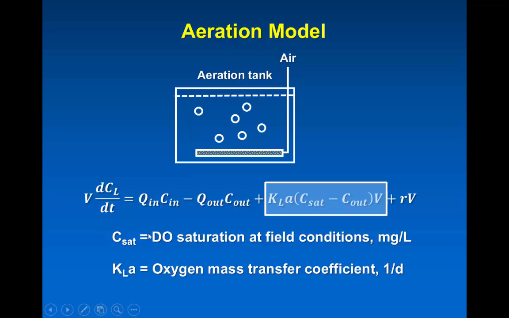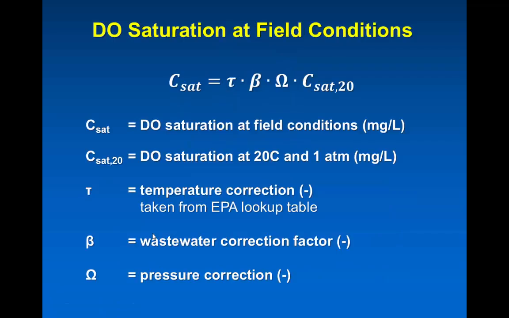So this CSAT value here, the concentration of oxygen at saturation, is something that is corrected for by temperature. And we calculate that here with this equation. We start with a known value of the oxygen saturation concentration at standard conditions at 20 degrees Celsius, for example.